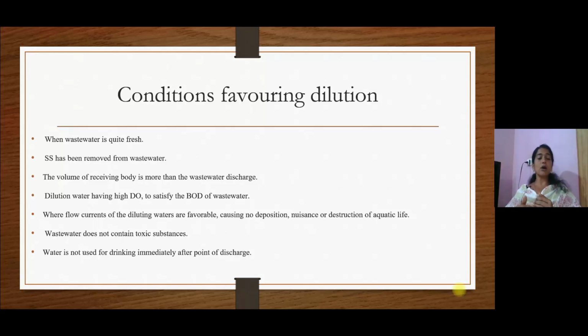And the wastewater does not contain any toxic substances. That is, toxic substances like chemical pollution should not be there in the wastewater, so that it will not affect the aquatic life in the dilution water.